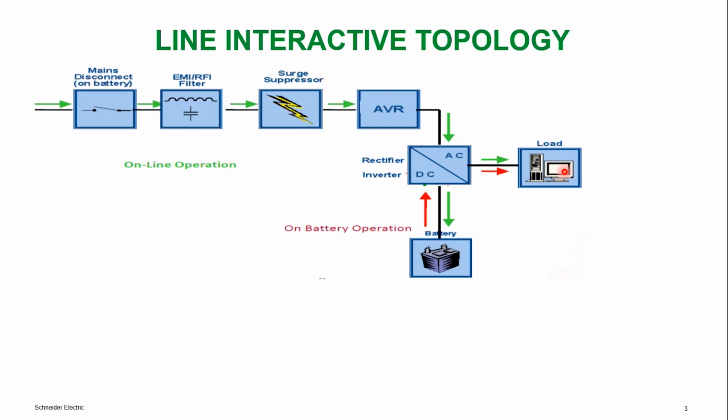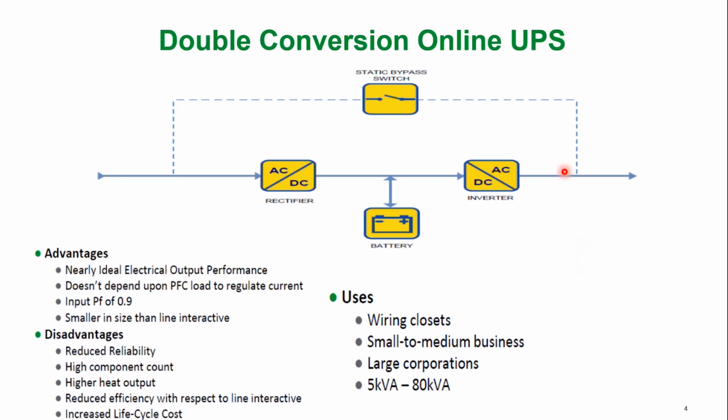So we can use line interactive topology UPS for little more advanced applications like mid-level servers, routers, switches, or machines which can be used for such kind of power supply. So finally, the double conversion online UPSs.